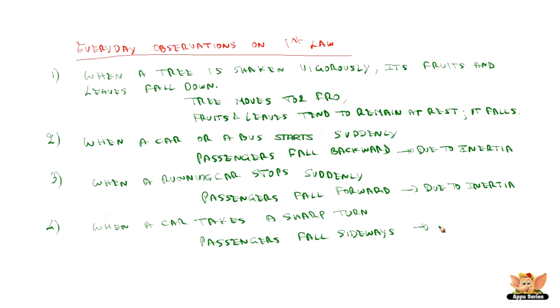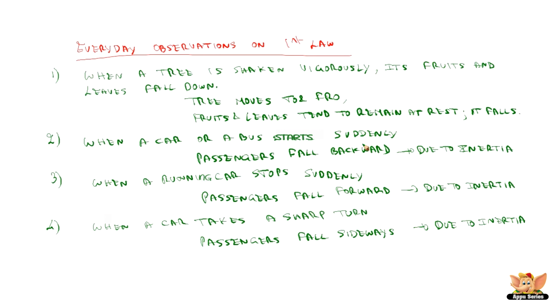In all these cases, when there is a sudden application of force, either the car stopping or a sharp turn, they fall forward when it stops, and sideways when it takes a turn. So all these changes of the passenger state happen because of the external force that is applied at various stages.